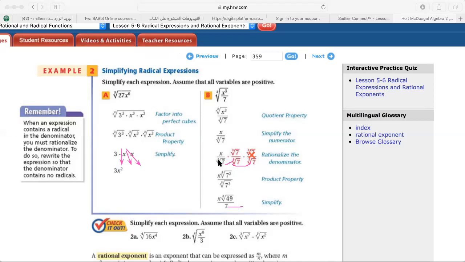But since I have cubic roots, I must have 3 roots. If I have square roots, I must have 2 roots. If I have cubic roots, I must have 3 roots. If I have an nth root, for example 4, I must have 4 roots. I multiply, so the final number of roots will be 3.